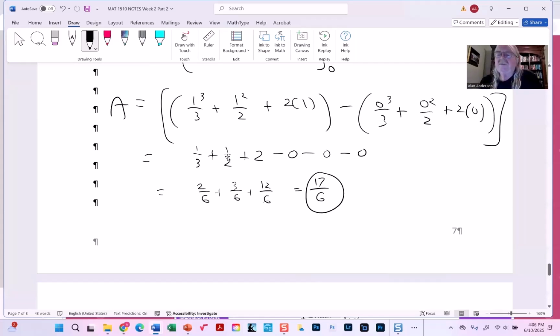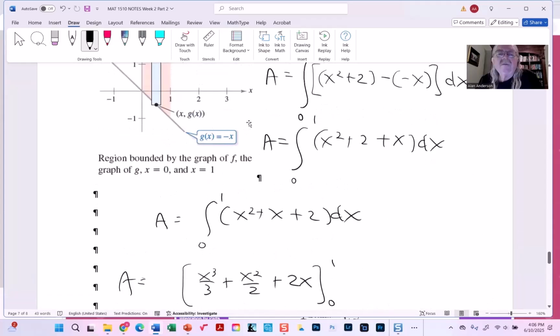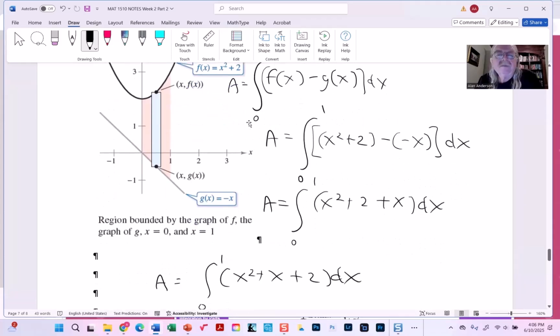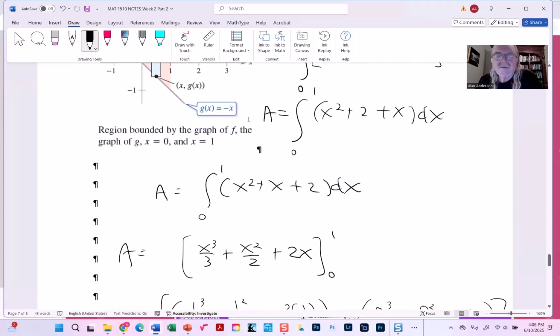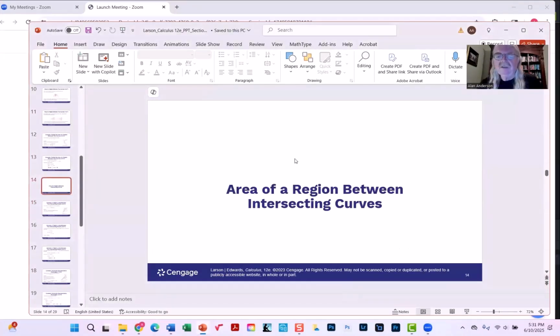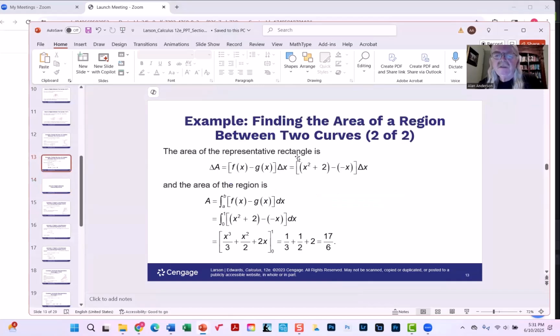Okay, so this is a very simple extension of what we were doing in the previous chapter. The difference being now that we have two curves instead of one curve and the axis. The process hasn't changed. Okay, so now we're going to look at a slightly different example.